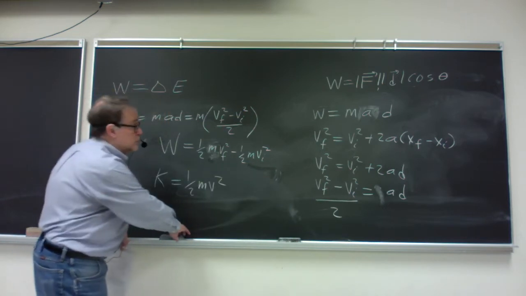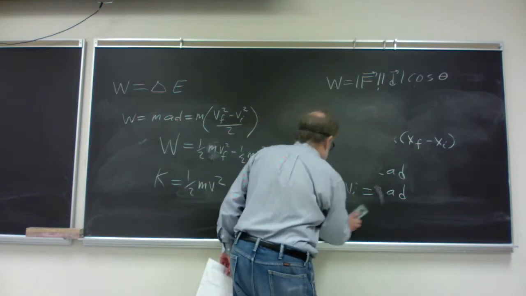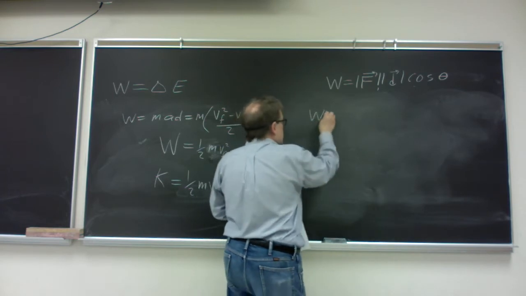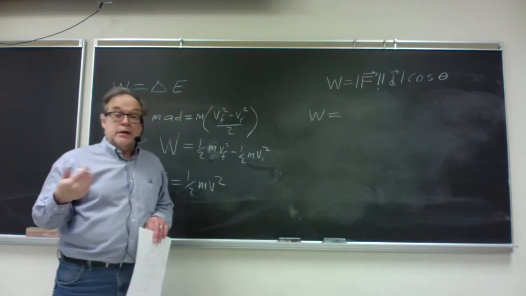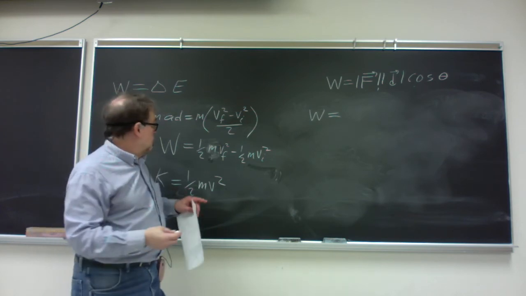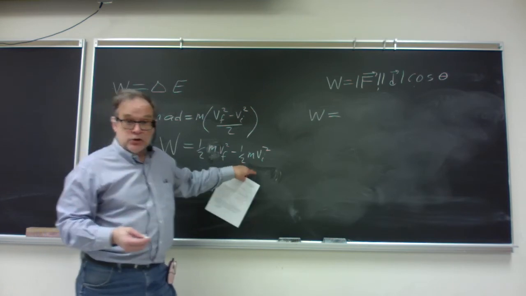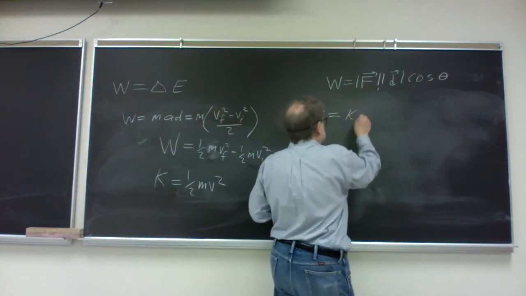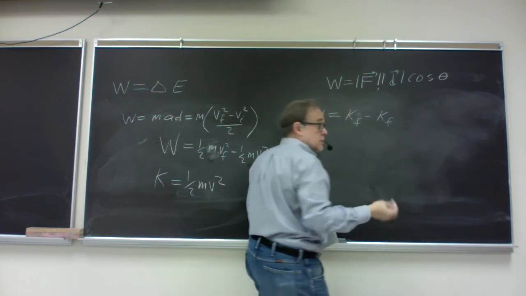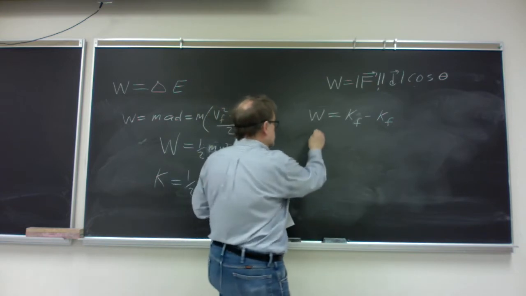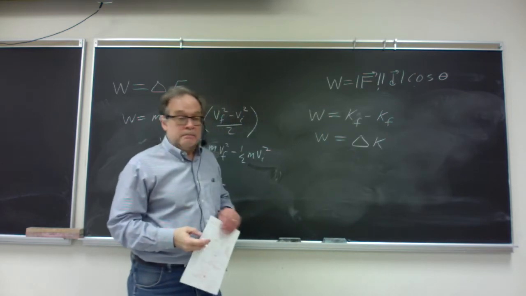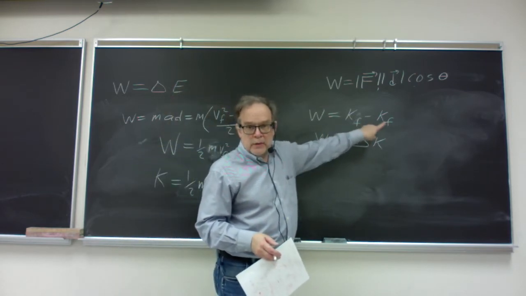So the moral of the story is, in this particular case, the work done by the net force on that one object is equal to final kinetic energy minus initial kinetic energy, which is just what we mean when we use this symbol delta K. Change in anything is just the final value minus the initial value.